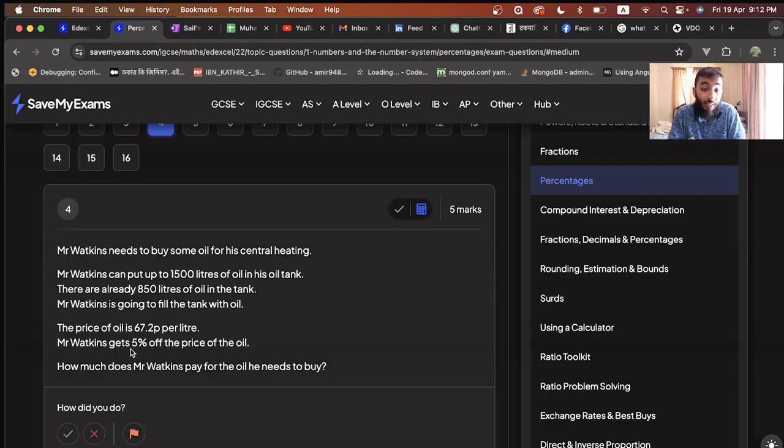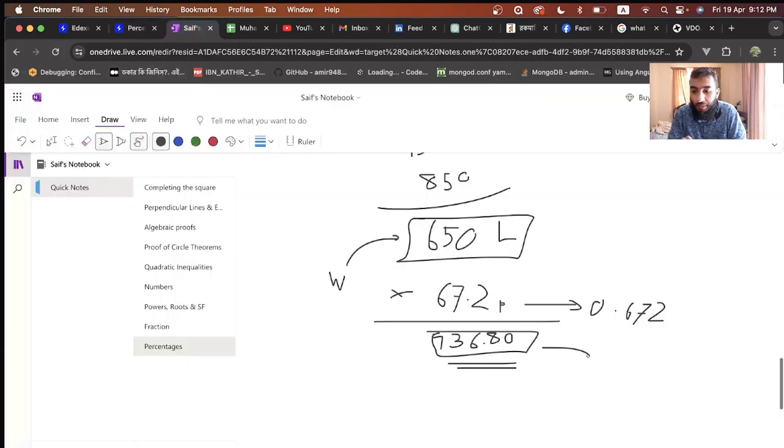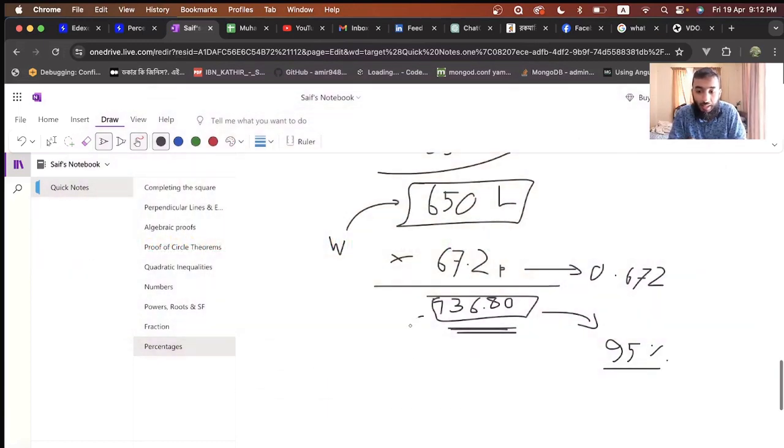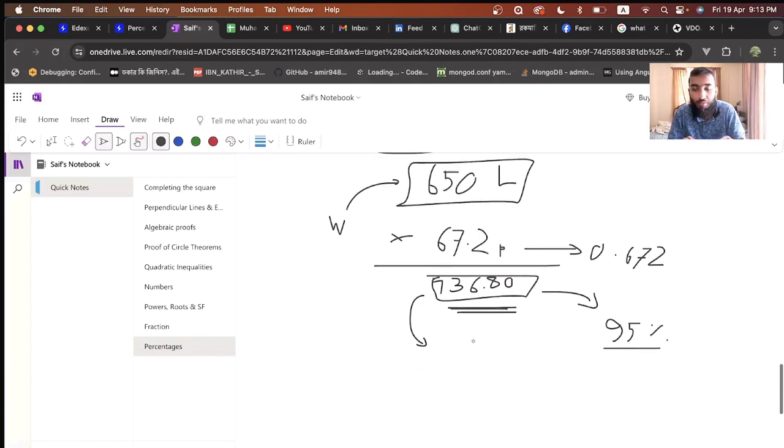Now Mr. Watkins gets 5% off, so he pays accurately 95% of this cost. So if I calculate 95% of this cost, we get the actual cost that Mr. Watkins has to pay for the oil refilling.